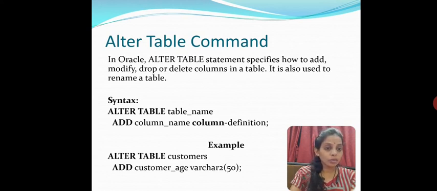The fourth column is customer age, whose data type is varchar2 with a maximum character size of 50. Customer age doesn't really need 50, but it is just given as an example. So one more column will get added in the customer table.